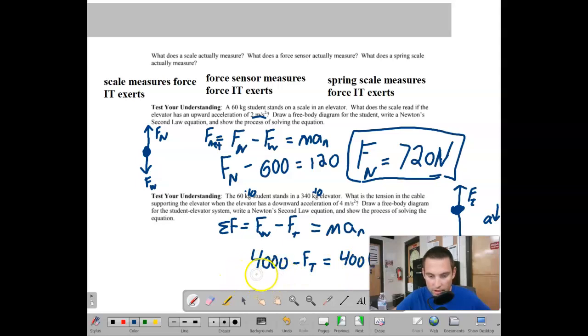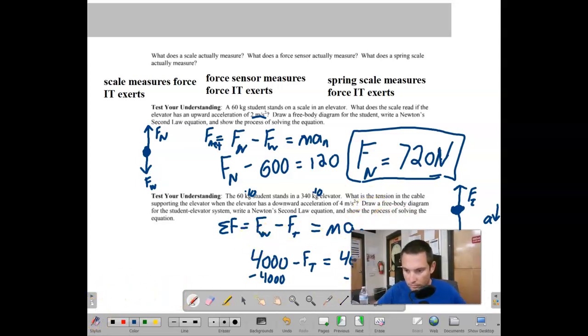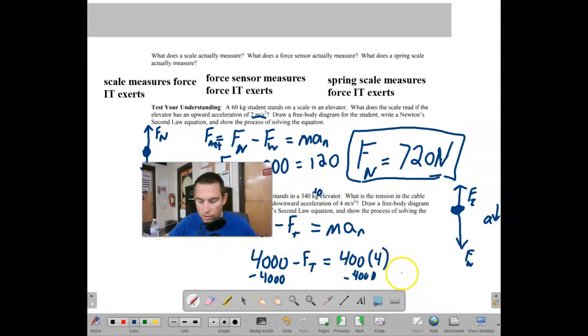Subtracting 4,000 from each side, we have 16 minus 40, which is Ft, we're still negative Ft, equals 2,400 newtons.